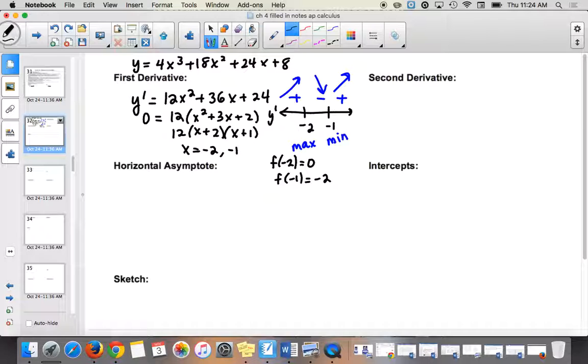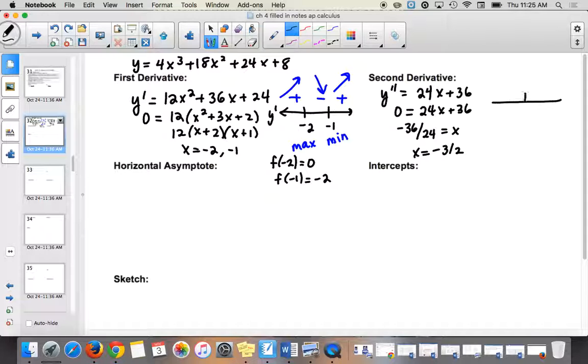All right, now we do the second derivative step. For our second derivative, I'm going to take the derivative using the polynomial version. I don't want to use the part that was already factored, right? That's too much. So when I take the second derivative, I end up getting 24x plus 36. When I set it equal to 0 to get our points of interest, I get negative 36 divided by 24, which is negative 3 over 2, or negative 1.5.